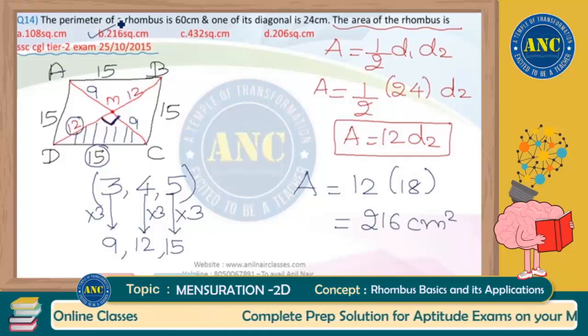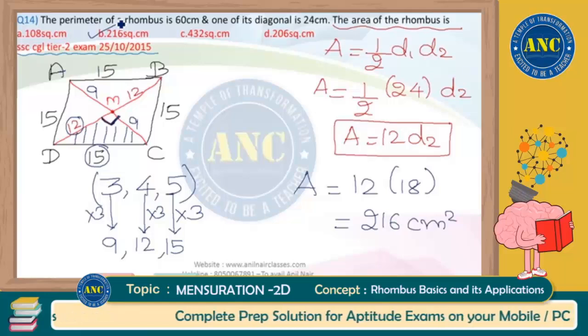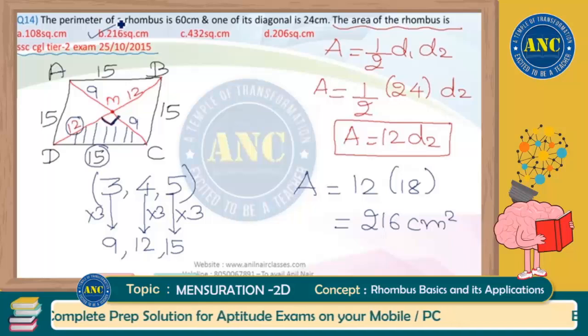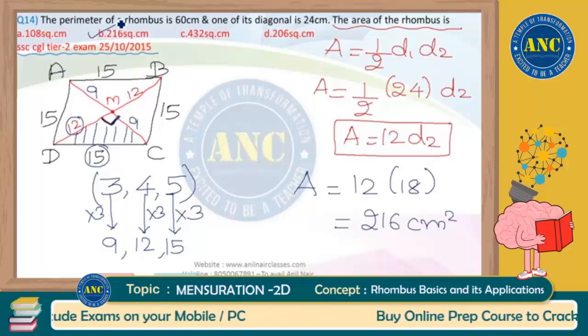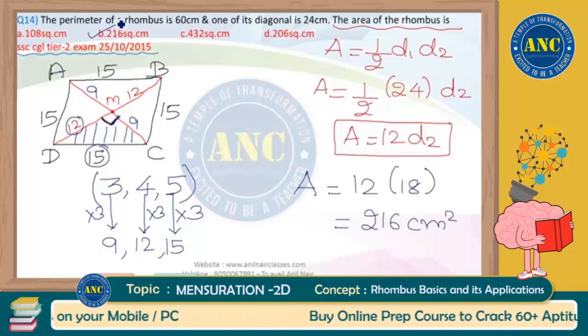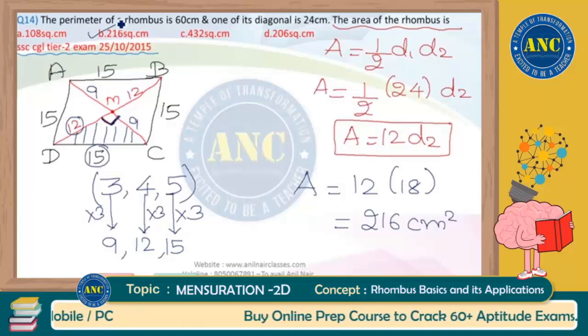I believe that any question which we have solved in the first 14 questions, most of the questions, or I think all the 14 if I am not wrong, are examination questions. And with respect to rhombus, if you get these questions in your examination, they will be very easy by nature.